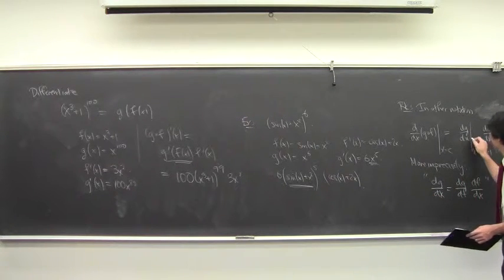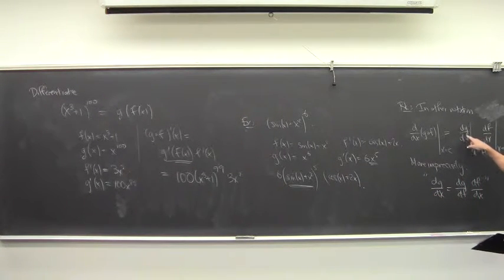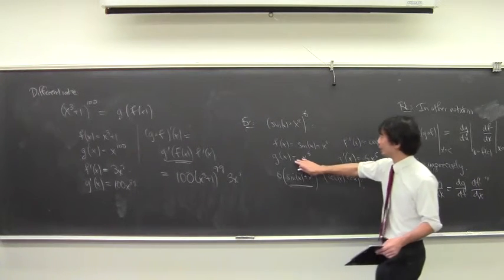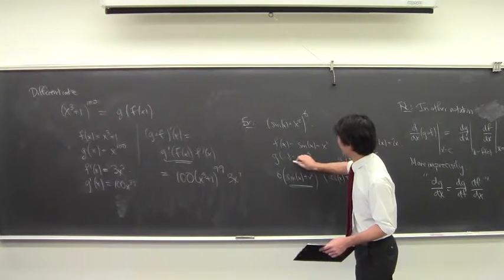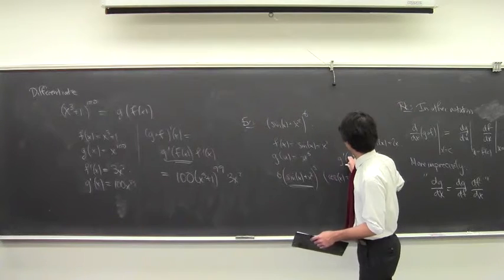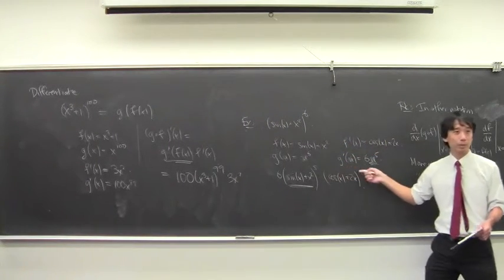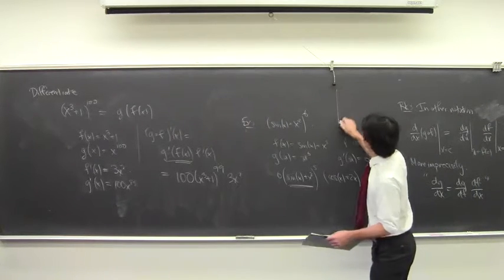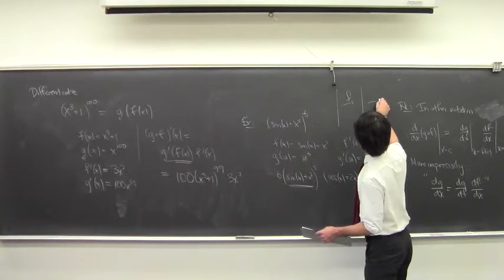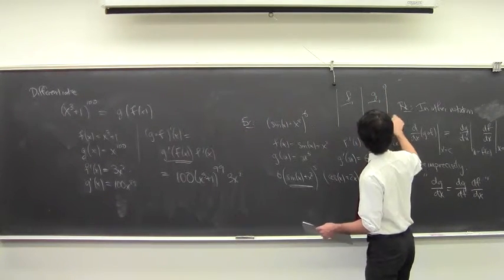You notice that I used a u for the variable of g, right? Because f is going from here to here, and then g is going from here to here.